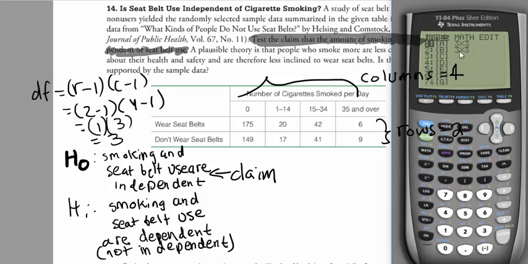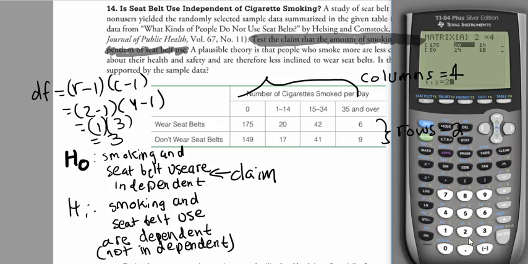Now it doesn't matter if there are other things already in here. You're just going to go over to edit and hit enter, and then enter 2, enter 4, enter for 2 rows and 4 columns. And then you're going to type in all of the numbers.